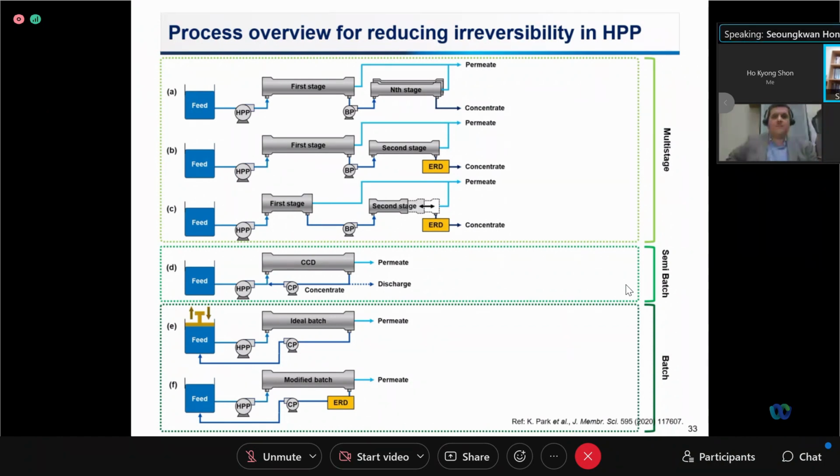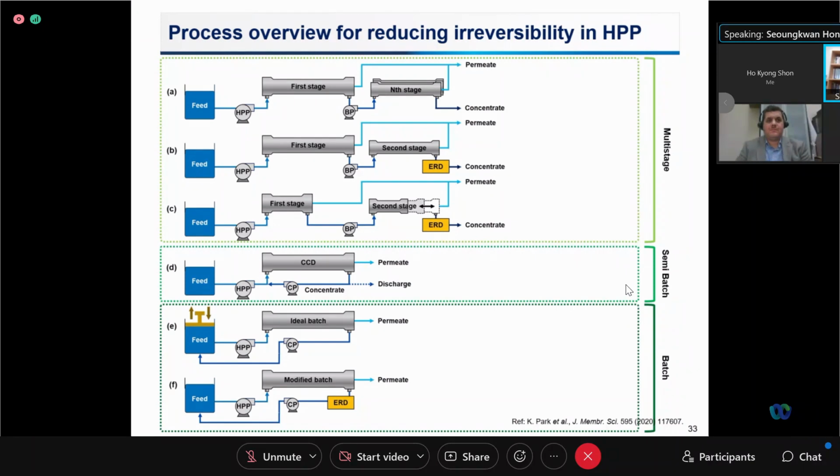To minimize the irreversible work, energy should be supplied in a staged manner rather than all at once. For this purpose, staged designs have been developed to increase hydraulic pressure gradually.